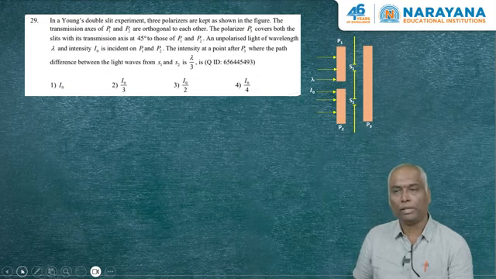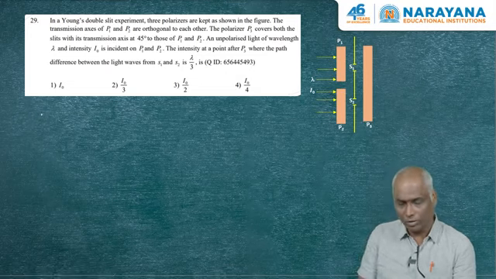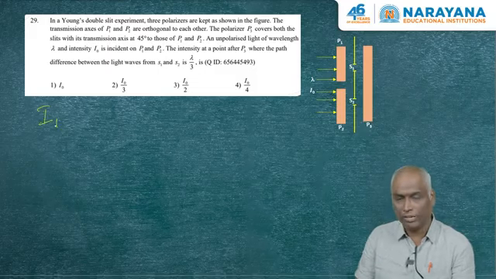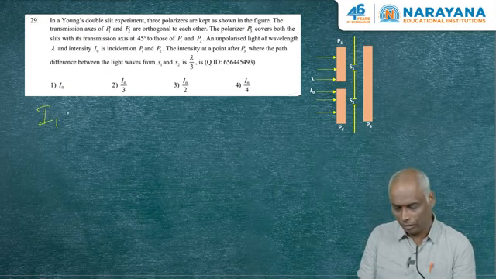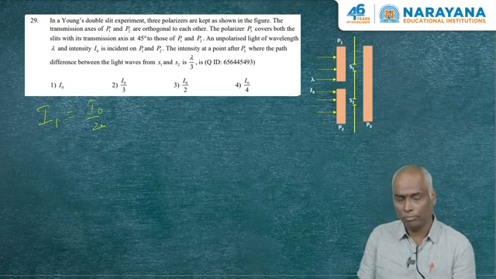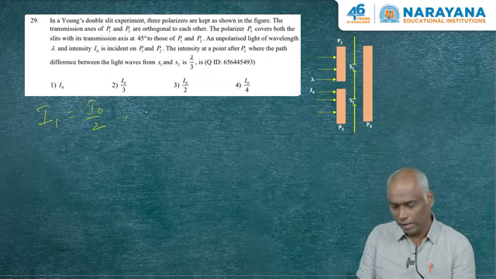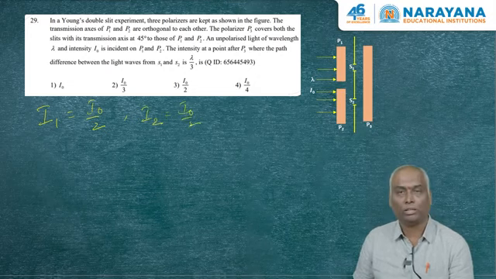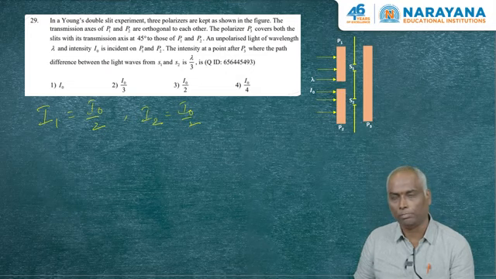Because P1 and P2 are two polarizers and the unpolarized light incident on them has intensity I0, the polarized light coming out from the first polarizer P1 will have an intensity I0 by 2. Likewise, the intensity of the plane polarized light coming out from the second polarizer is I0 divided by 2.